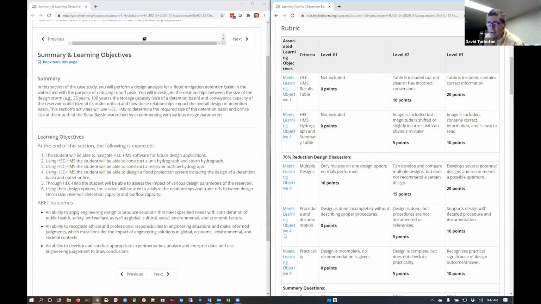Well, I think a goal of Hydrolearn is broadly to promote good practices in engineering education, and clearly helping with ABET is part of that, because ABET has ultimately a similar goal of requiring departments to go through the continuous improvement process, evaluating the effectiveness of reaching the ABET outcomes and then rectifying any problems.